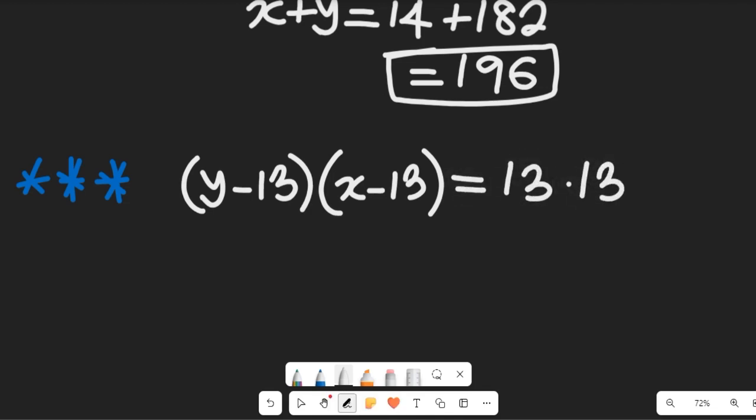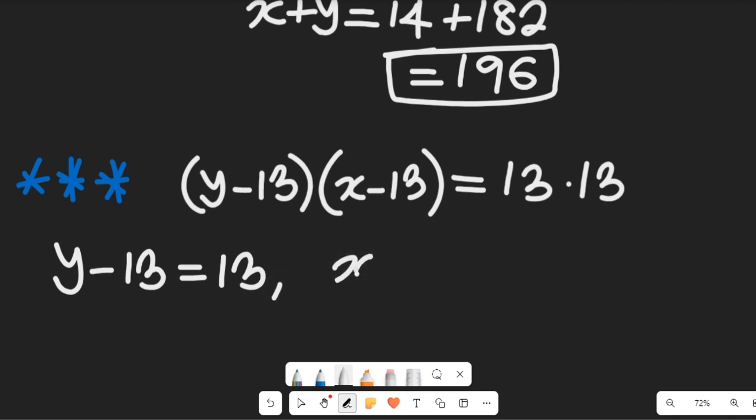So if we simplify that, we'll have y minus 13 equal to 13, and then x minus 13 equal to 13.